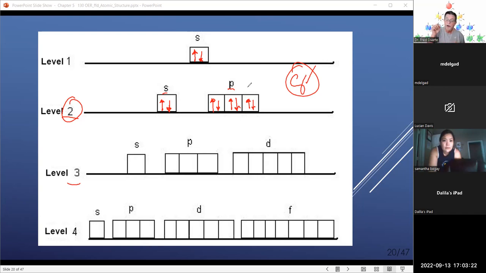Now, after neon, who is number 11? Okay, you have to go to your periodic table, go around the horn, and exactly, it's sodium. And guess what, sodium has 11 electrons, right? So I have to put that electron for sodium in the 3rd energy level.